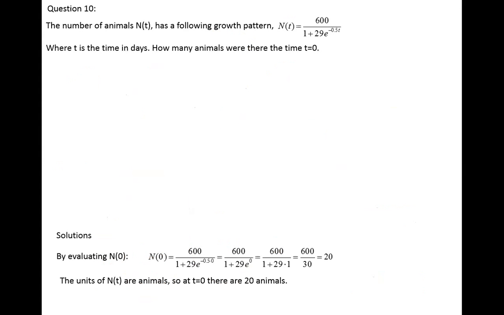I will skip this one because we do have the solution. This is actually the easiest way to ask you. The number of animals, N of t, has the following growth pattern. That's the growing function, where t is time in days. How many animals were there at time 0?